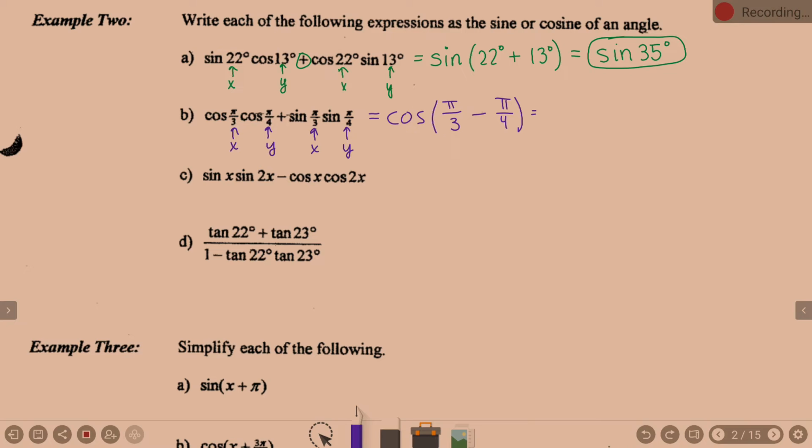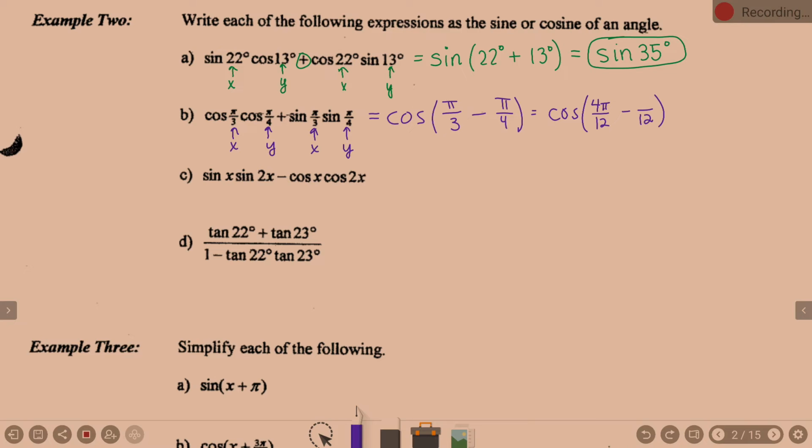How do we do pi over 3 minus pi over 4? By the common denominator. It's fractions, guys. So common denominator of 12. 3 times what is 12? 4. So 4 times pi is 4 pi. 4 times what is 12? 3.